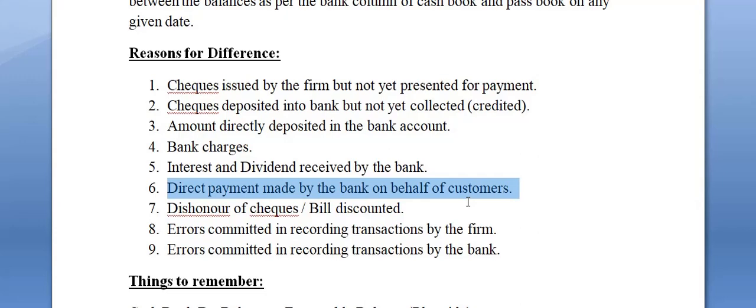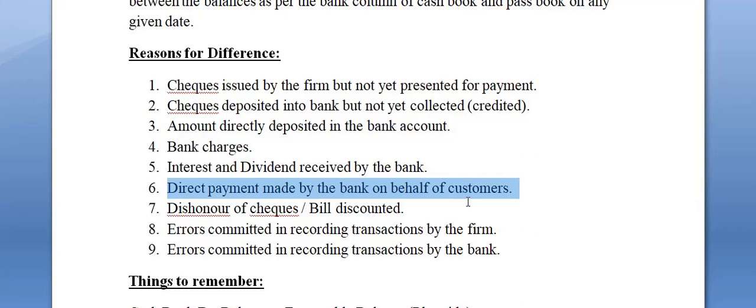Okay, like I pay the EMI of my scooter on 7th of every month. So that is the instruction given by me to my bank, that you must pay the EMI on 7th of every month.